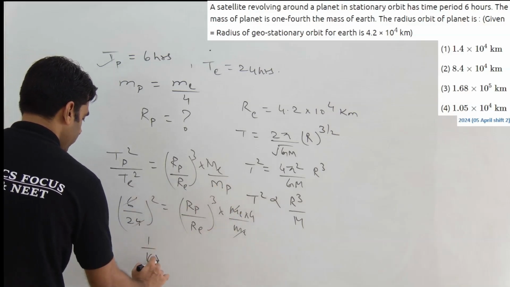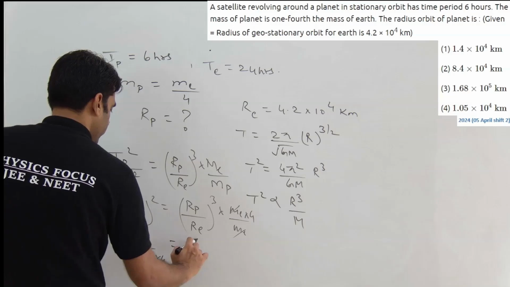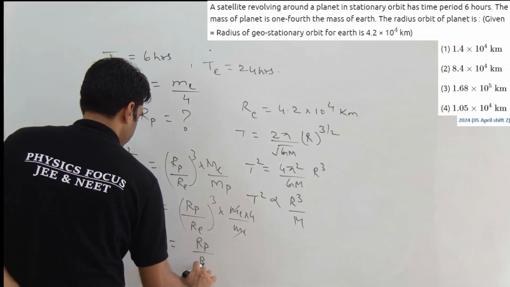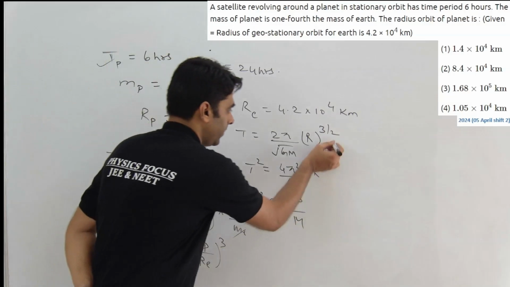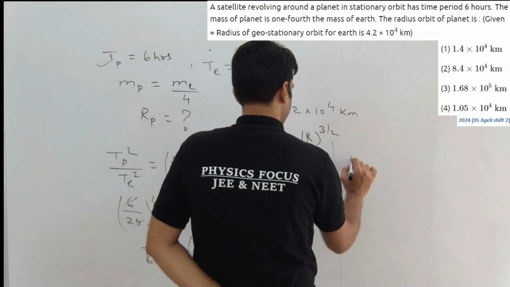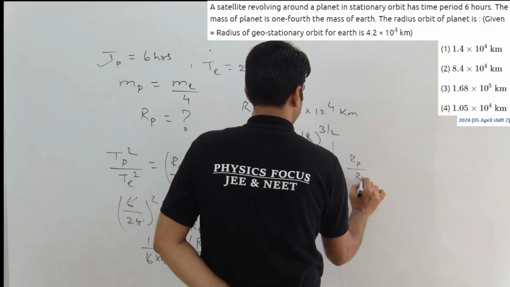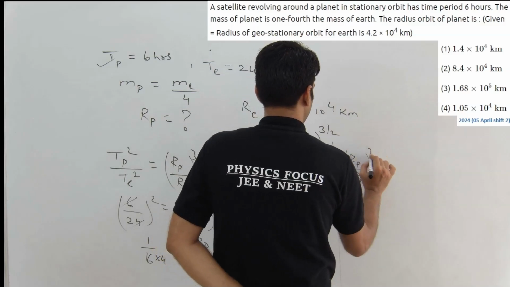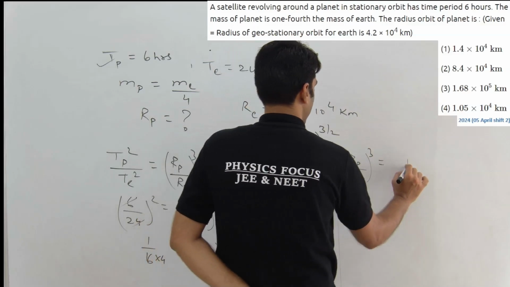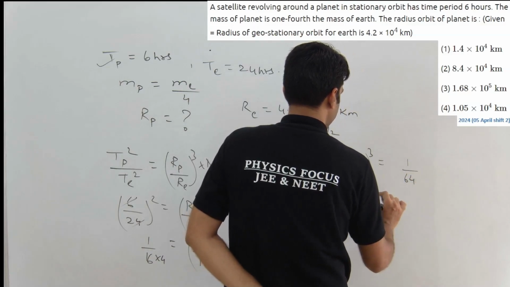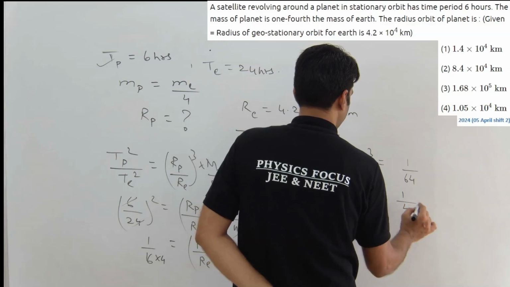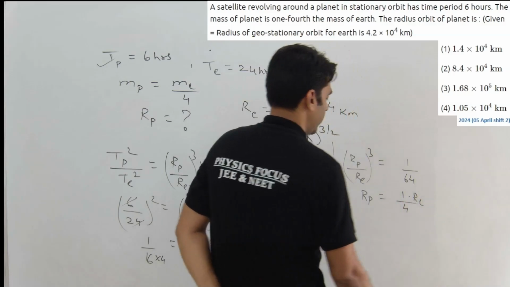And from there we get one more 4 is equals to Rp by Re whole cube. So further if we simplify it, Rp by Re whole cube is equals to 1 by 64. So Rp is equals to 1 by 4 into Re.